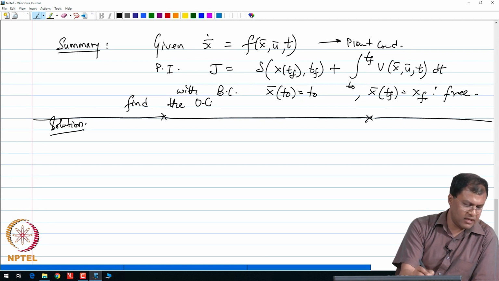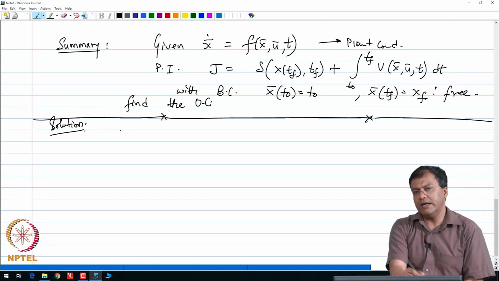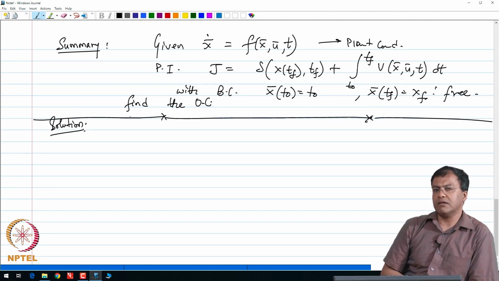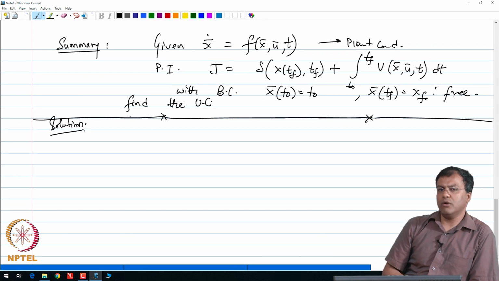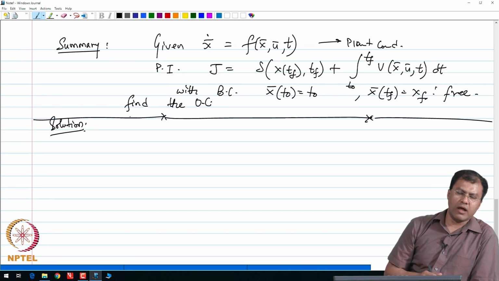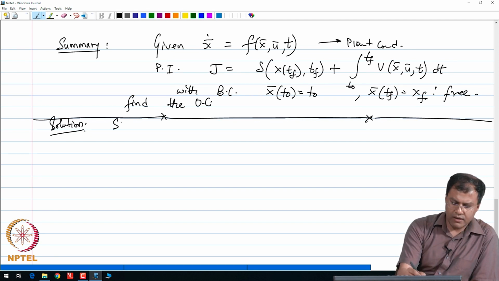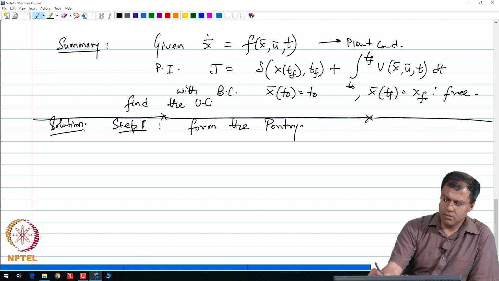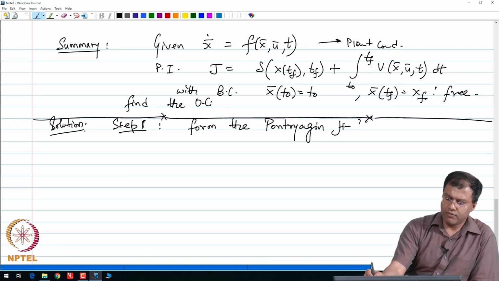The solution method is as follows. We will see that the only difference from our previous method for the unconstrained optimization is that now we are going to replace our equality, where we optimize our control function, with an inequality which minimizes our control Hamiltonian, right. So, step 1 is form the Pontryagin H function.